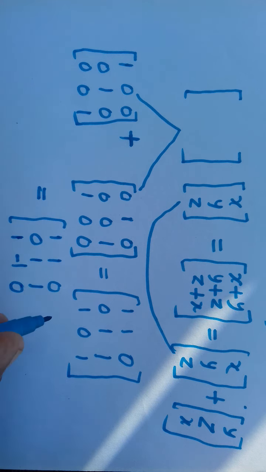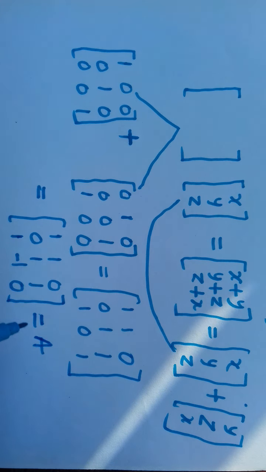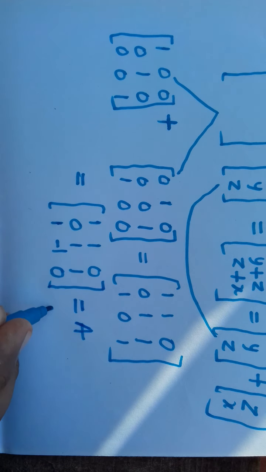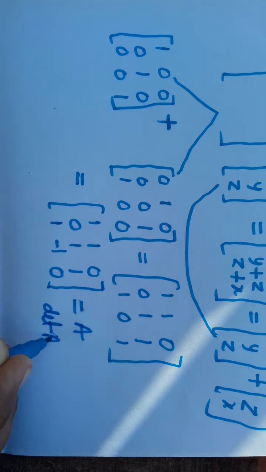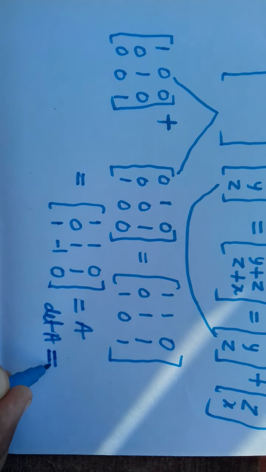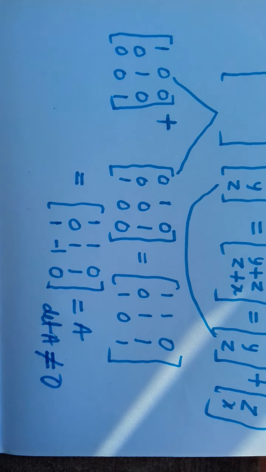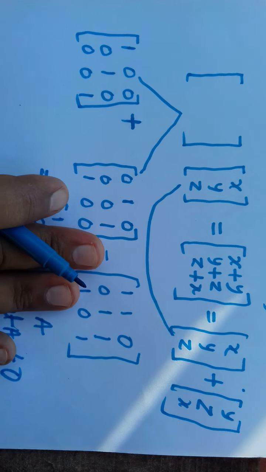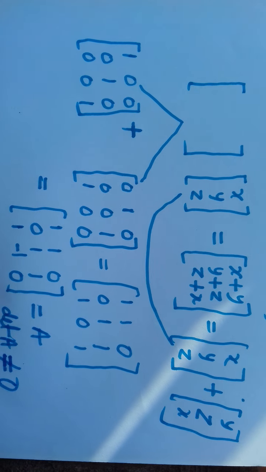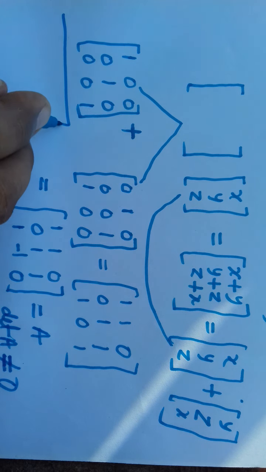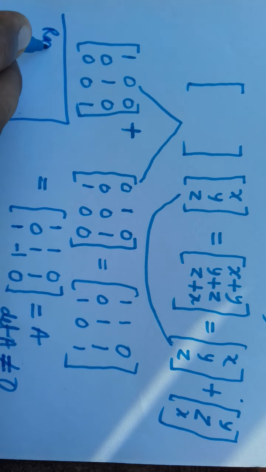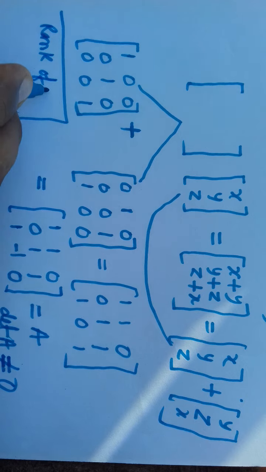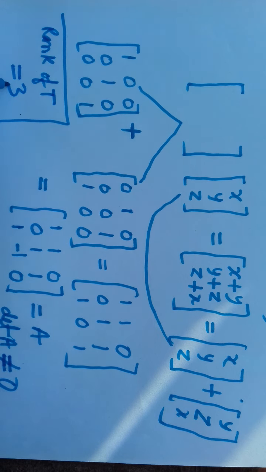Thus you see that the determinant of this, suppose this matrix is A, so that A is not 0. This means that rank of T is 3.